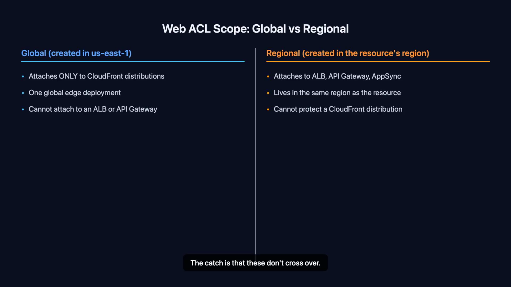The catch is that these don't cross over. A global ACL cannot protect a load balancer, and a regional ACL cannot protect CloudFront. When a scenario names CloudFront, think global. When it names an ALB or API Gateway, think regional in that resource's region.